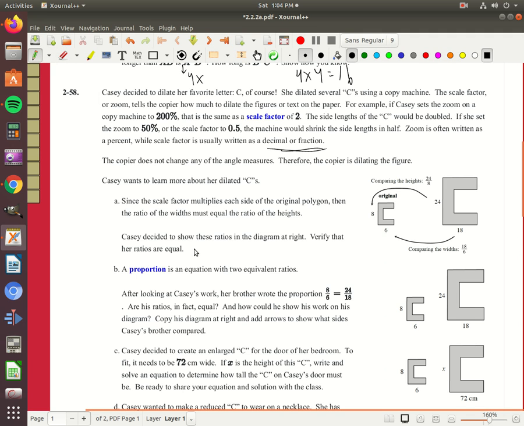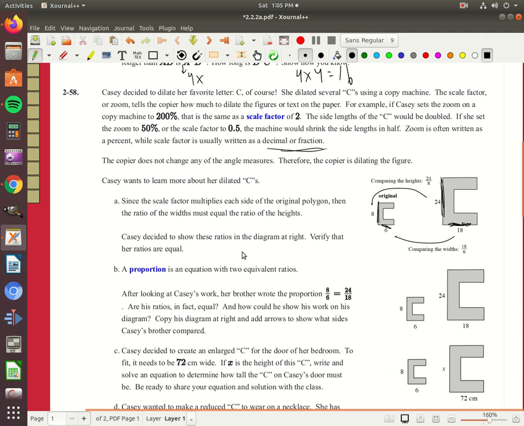So it says Casey decided how to show these ratios in the diagram are right. Verify that her ratios are equal. Well, what she's saying is that the big height divided by the small height is 24 over 8. So she should put the big width over the small width of 18 to 6. So that makes sense.